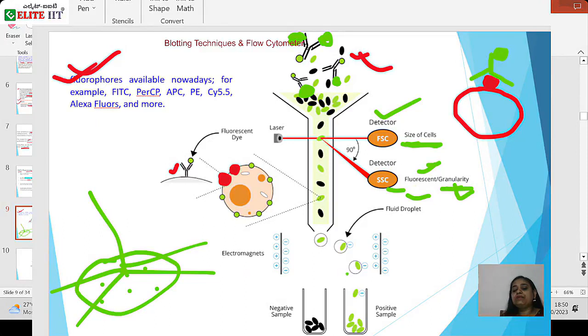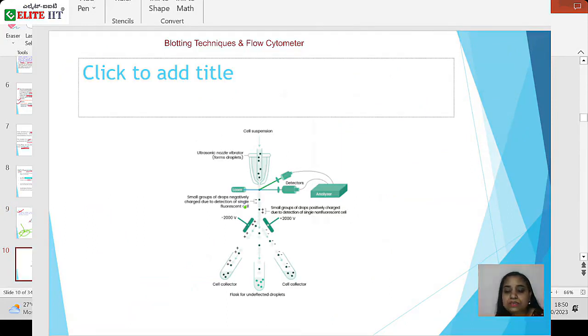Now here it is shown that such an arrangement is done that one by one particle is coming out of this system. In this process also the same thing is given, nothing else is there. Let's see if anything new is given or not.